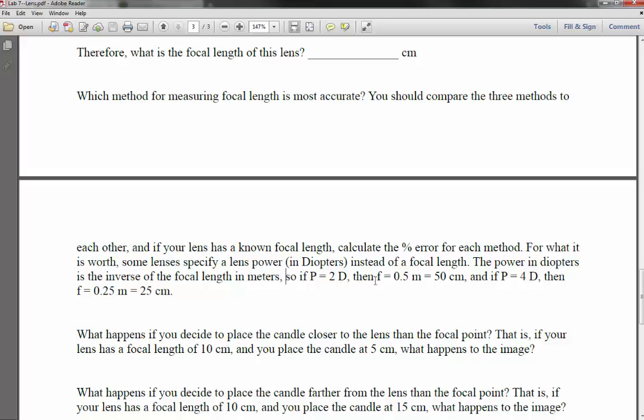The relationship between power and focal length is that the power in diopters is the inverse of the focal length in meters. So if you have a power of 2 diopters, the focal length is half a meter. And if it's 4 diopters, then it should have a focal length of a quarter of a meter.